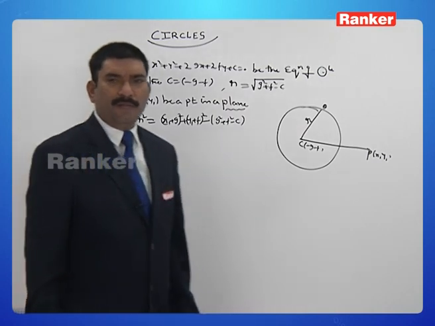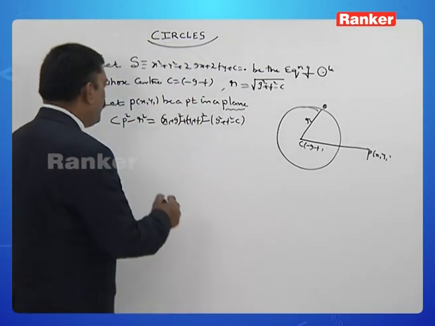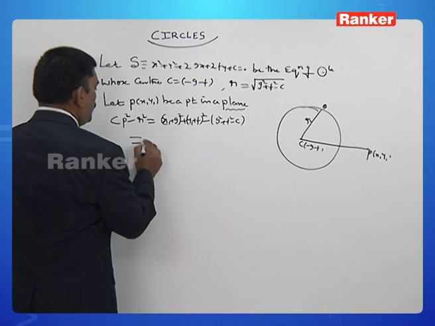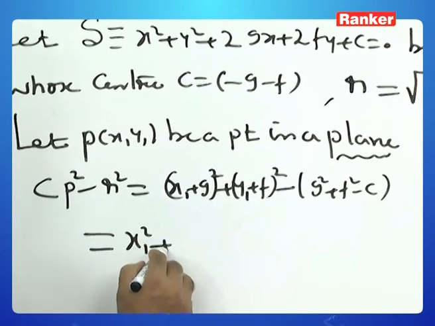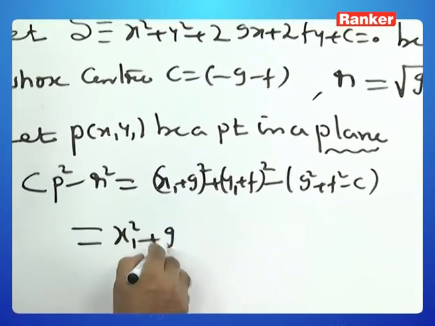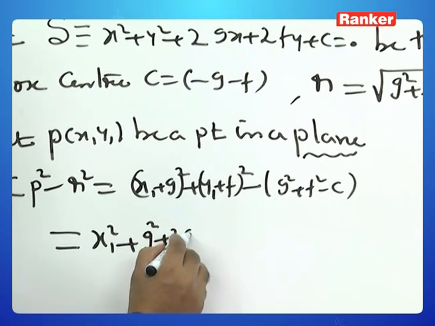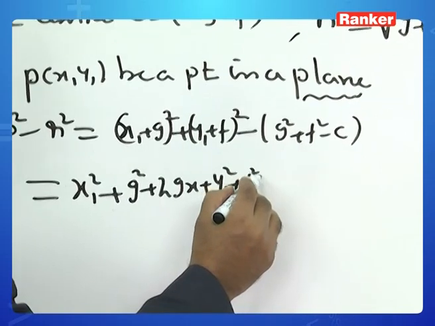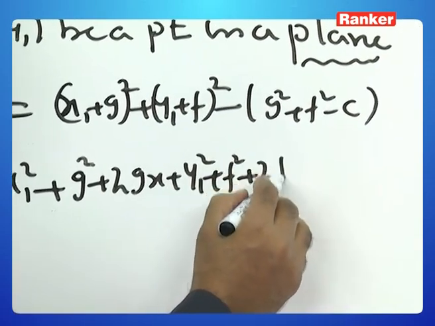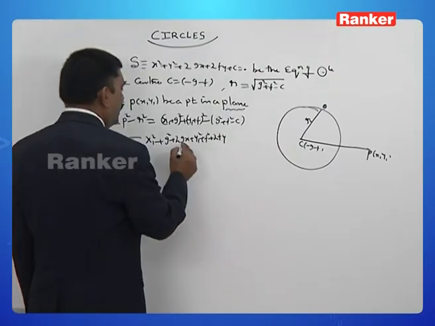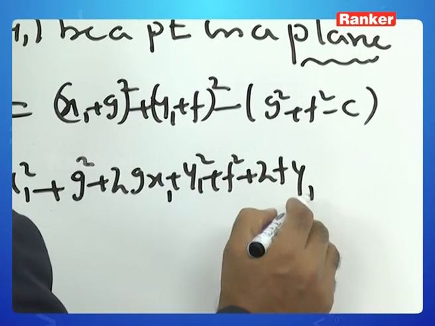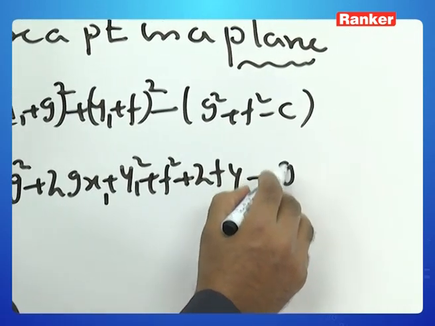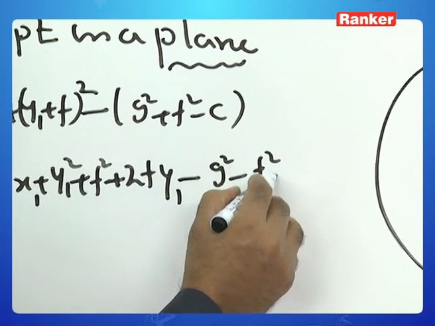Expanding this, it is x1 square plus g square plus 2gx1 plus y1 square plus f square plus 2fy1, minus g square minus f square plus c.